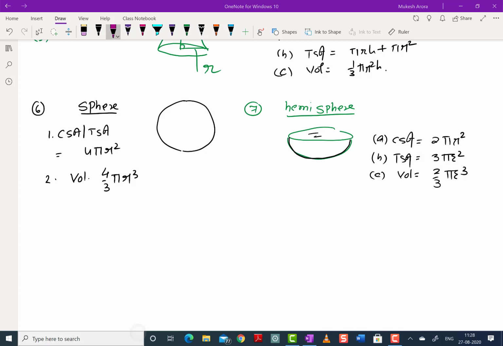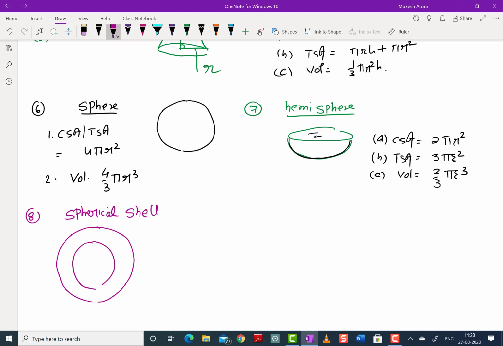Then number 8 is spherical shell. This is small radius, this is capital radius, and this is thickness.